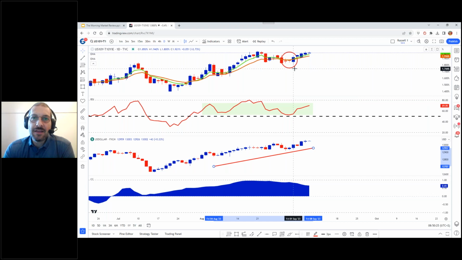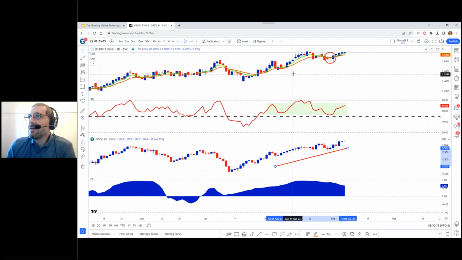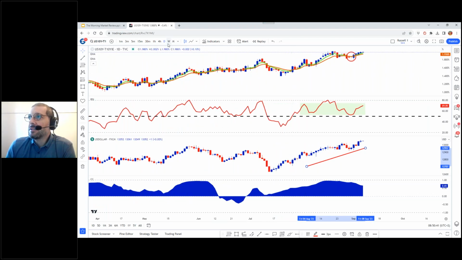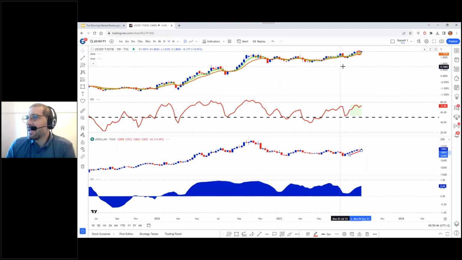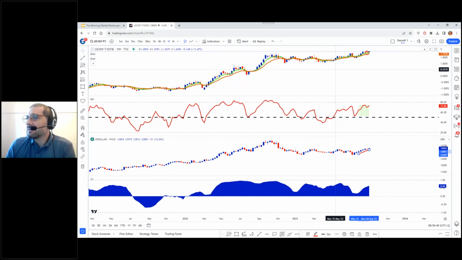So the market's now thinking we're going to have higher rates for longer, so that eventually we do get that contraction in GDP, that we do get the unemployment rate up slightly. So this higher for longer is being reflected in the 10-year real yield. And if we take a look at it on a long-term basis, it's at levels, let's go through to the monthly chart here.